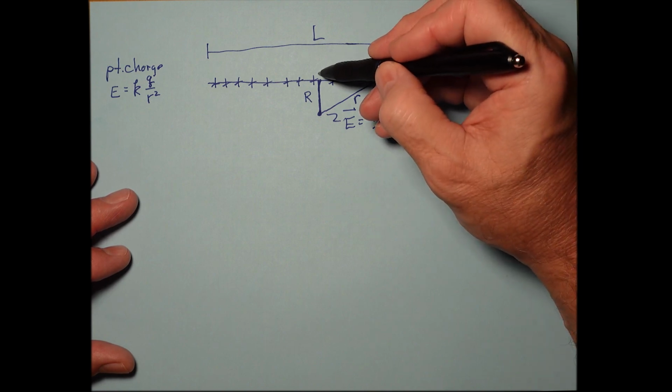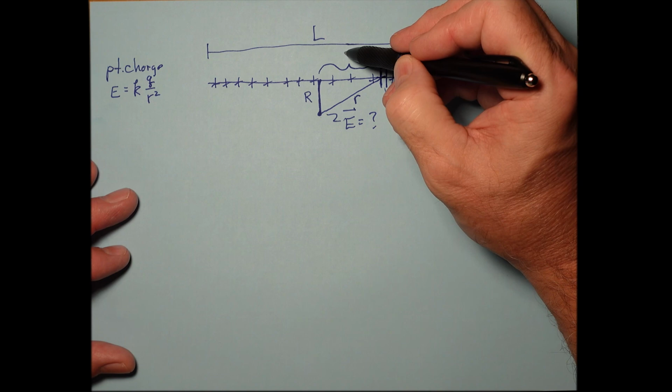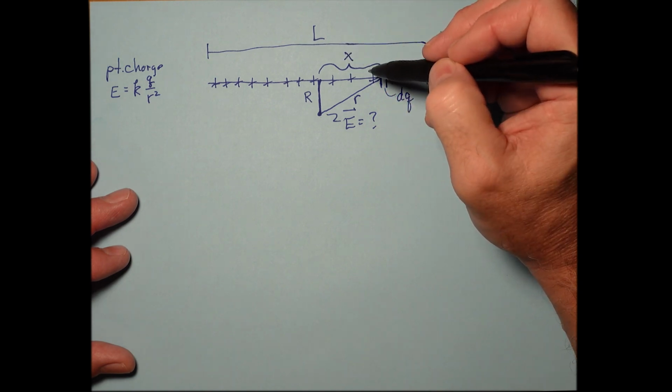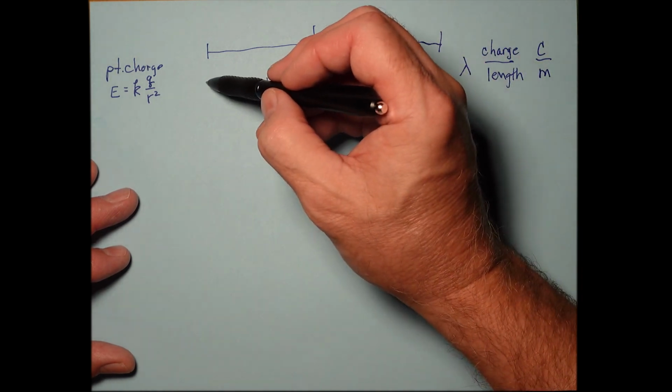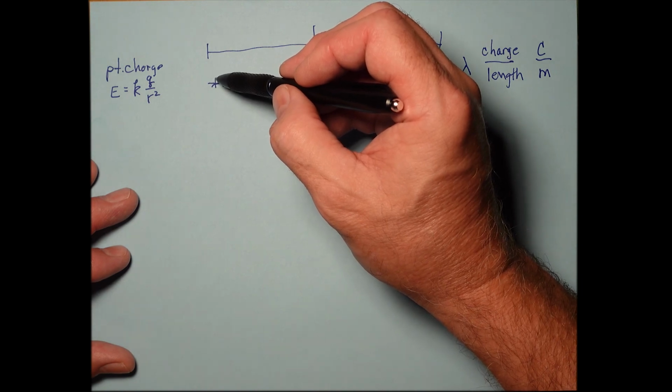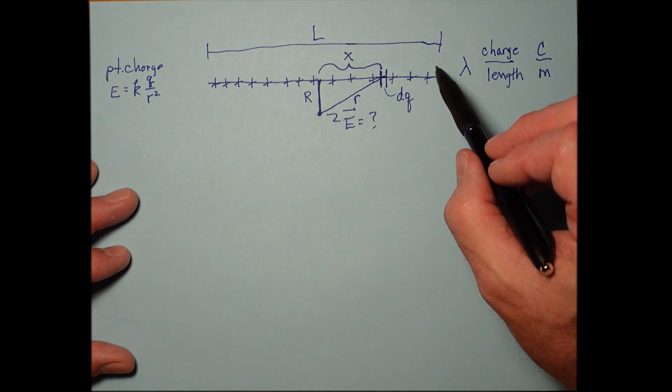Let's say the distance here to that point charge is x. We'll call it the variable x, and of course x can vary. X could go from 0 to, let's say, plus L over 2, or 0 to minus L over 2, back in that direction. Or we could say from minus L over 2 to plus L over 2.